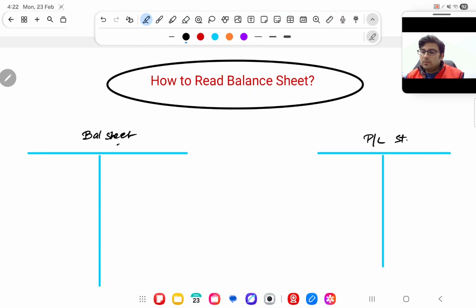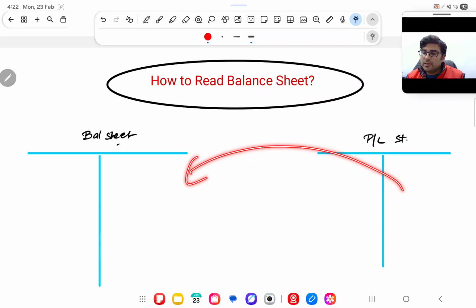Now I have taken two parts. One is the balance sheet and the other one is the profit and loss statement. Simultaneously, we will understand both of these because both are interconnected to each other. Few items are coming from profit and loss to balance sheet, and the others are coming from general accounting.